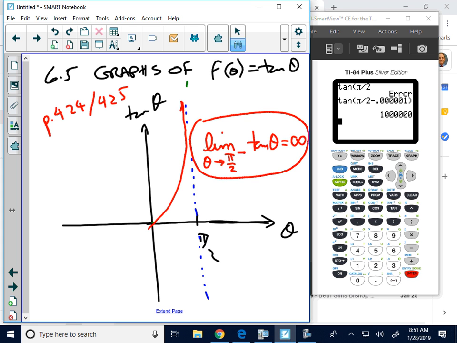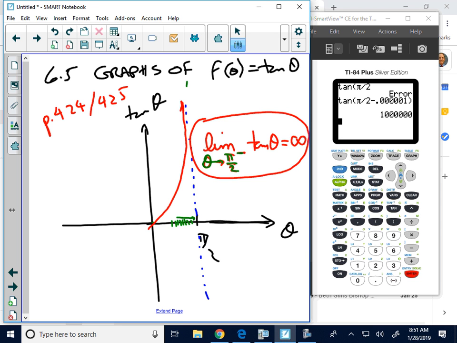And again, what's happening here, when you see theta going towards pi over 2 with a minus sign, that means the angle is getting close to pi over 2 coming in from the left. So we're coming in from sort of like the negative direction. We're coming in from the left.